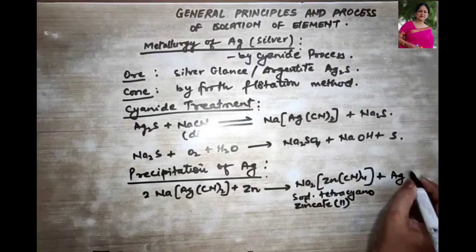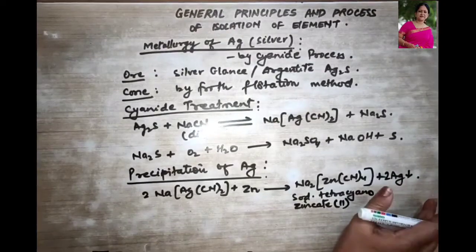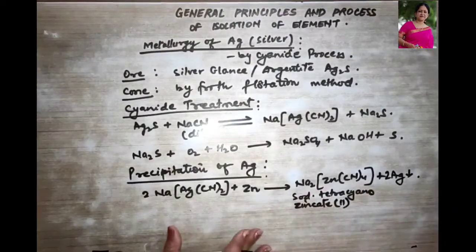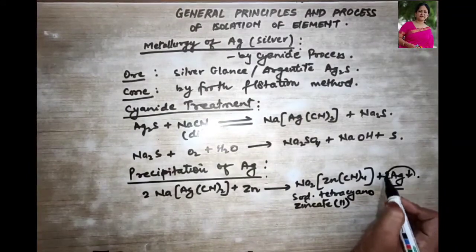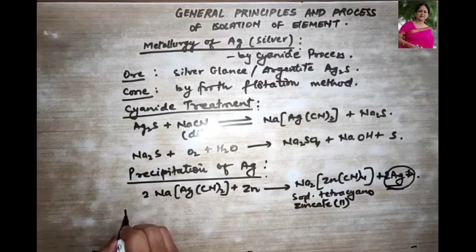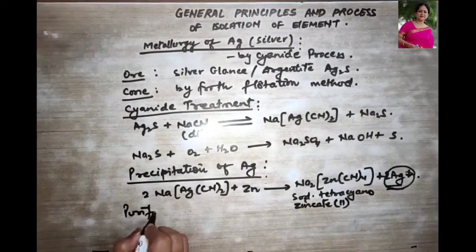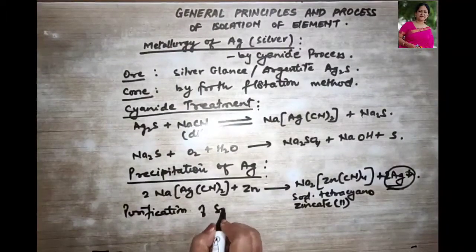Precipitation of silver takes place over here. 2 parts of silver is formed over here. Now next we move to the, what have we obtained? After obtaining this silver metal, we move to the purification of silver. Okay, the purification of silver.